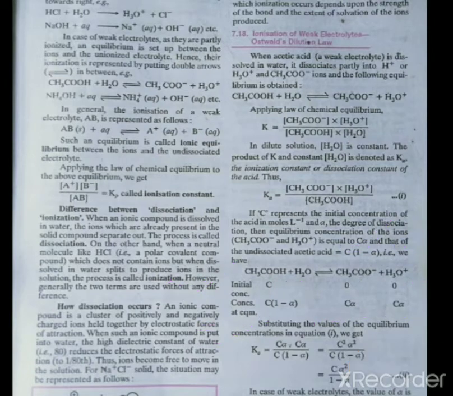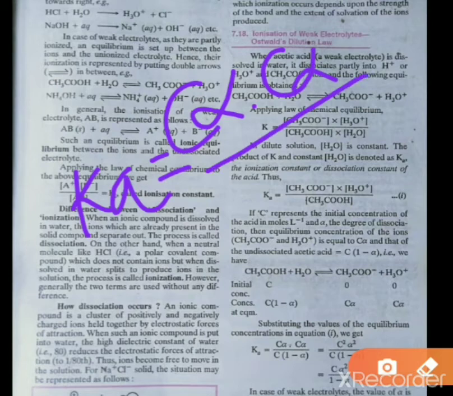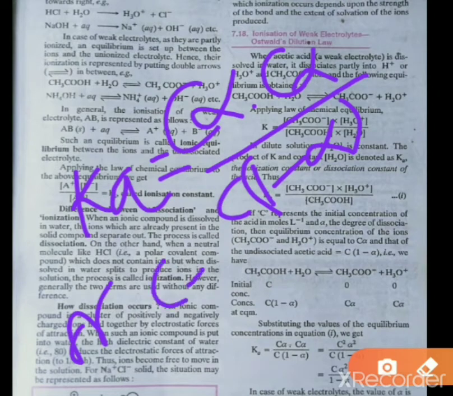Substituting the values we can get Ka, the ionization constant or dissociation constant of acid, equal to C alpha into C alpha upon C into 1 minus alpha, or C alpha square upon 1 minus alpha.